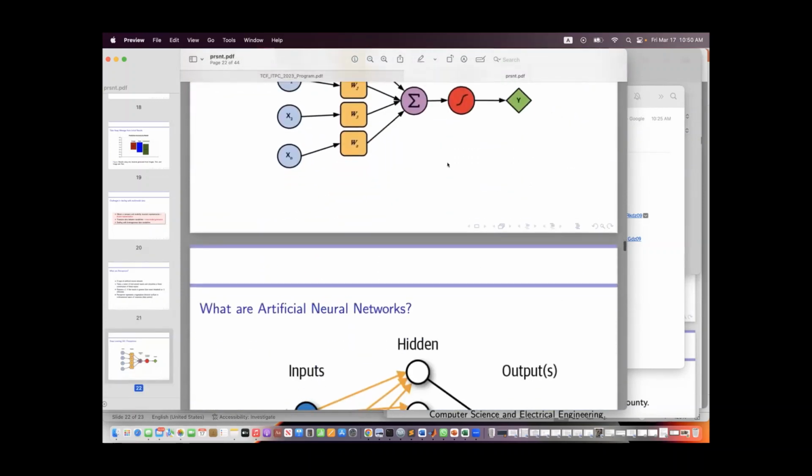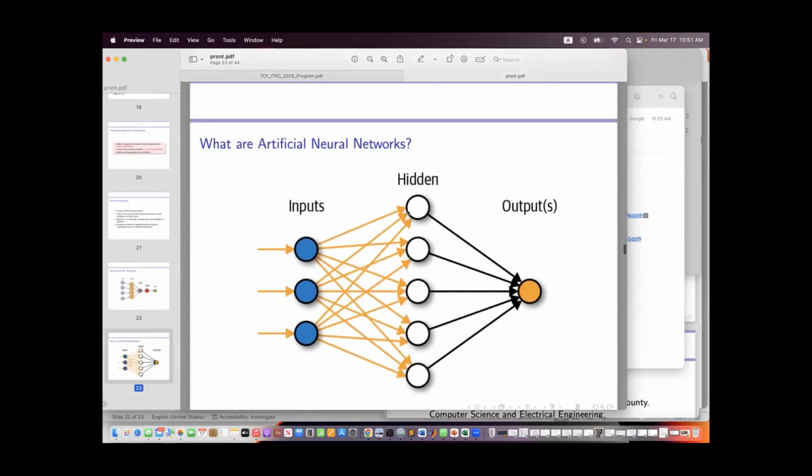And from this, you can stack up these perceptrons and build what are known as artificial neural networks. So you could have many of these perceptrons stacked up one on top of the other, and then use these as what's known as a hidden layer.